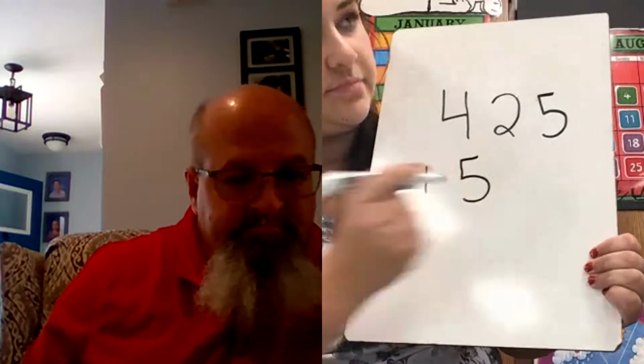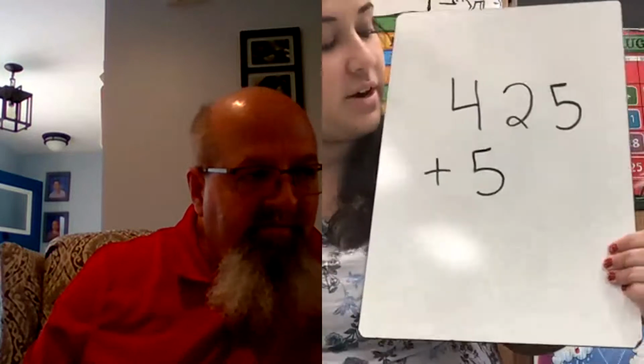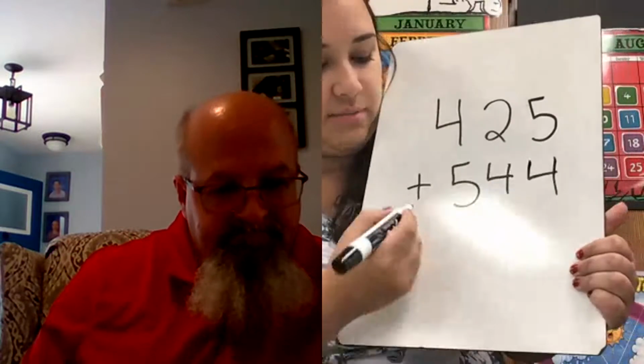I rolled a 5. Got another 4 here. And another 4. So we have a 5 in the 100 spot, a 4 in the 10 spot, and a 4 in the 1 spot. So 544 is our number. So we're going to put this line at the bottom.